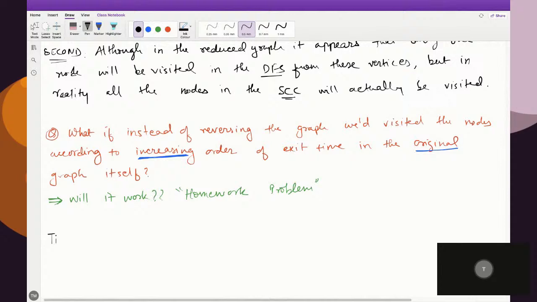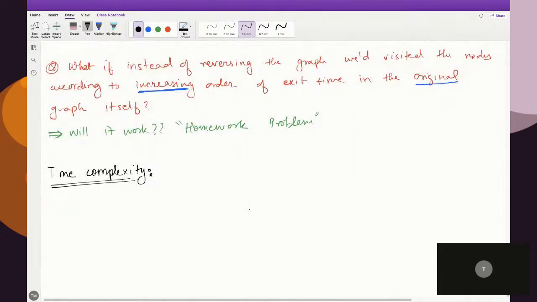The first step is to do a DFS to find the exit time.